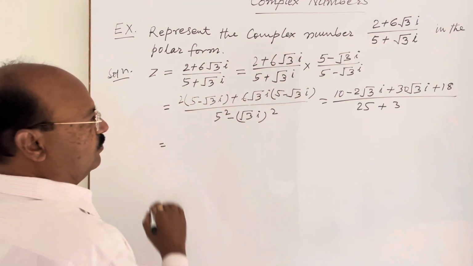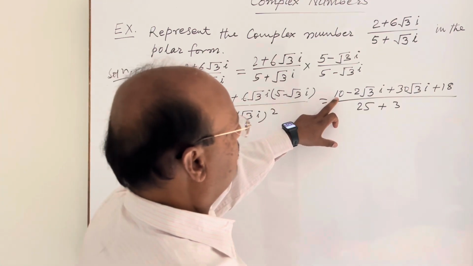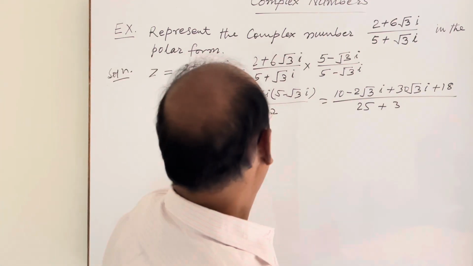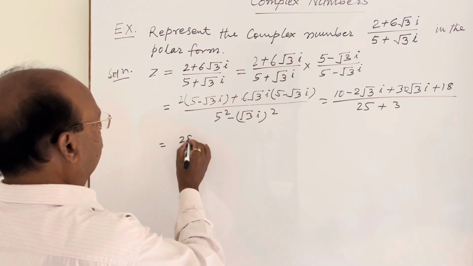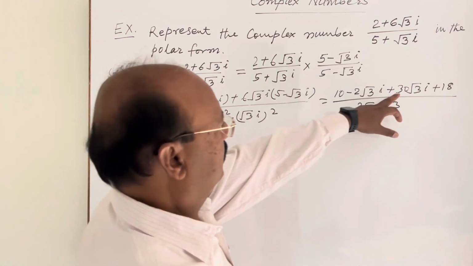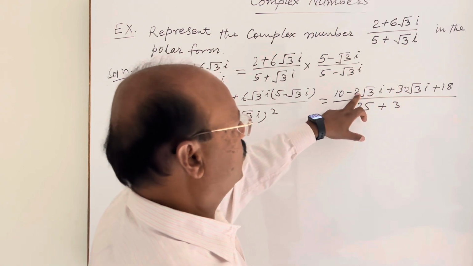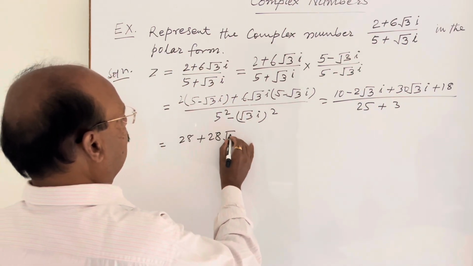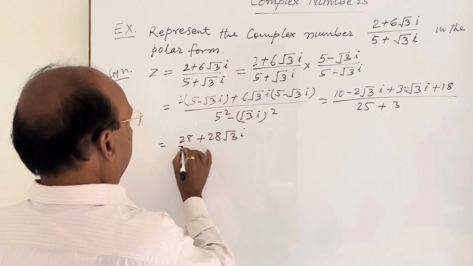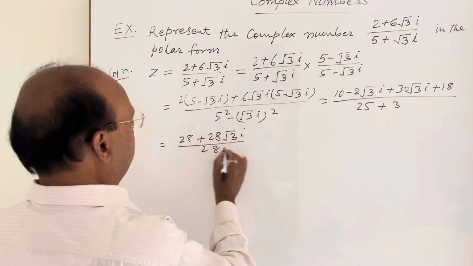And let us simplify it. Here 10 plus 18, this is 28, and 30 minus 2 is 28, so 28 plus 28√3i divided by 28.